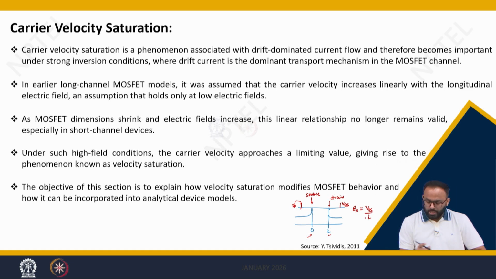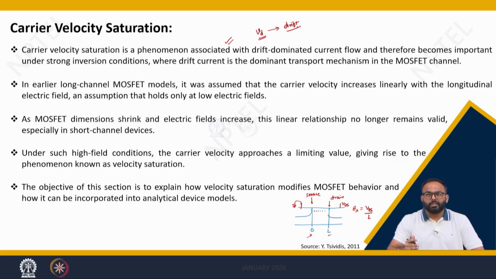In that condition, the carrier velocity we are considering is not linearly rising with Ex, it will get saturated. To start this analysis, first let me define an important assumption: the velocity saturation or the drift velocity is associated with drift current, and the drift current is dominant only in the strong inversion region of operation.